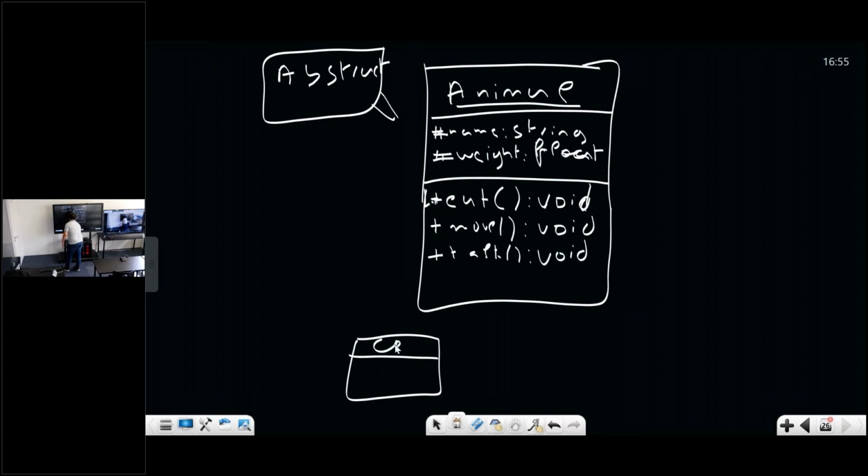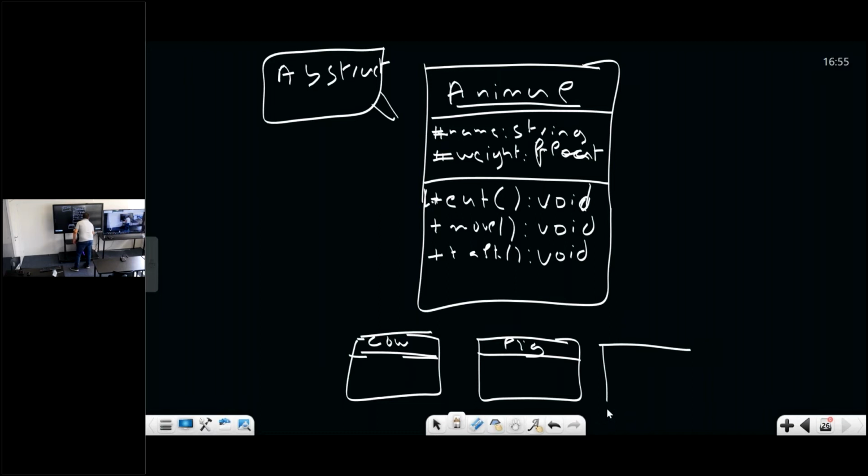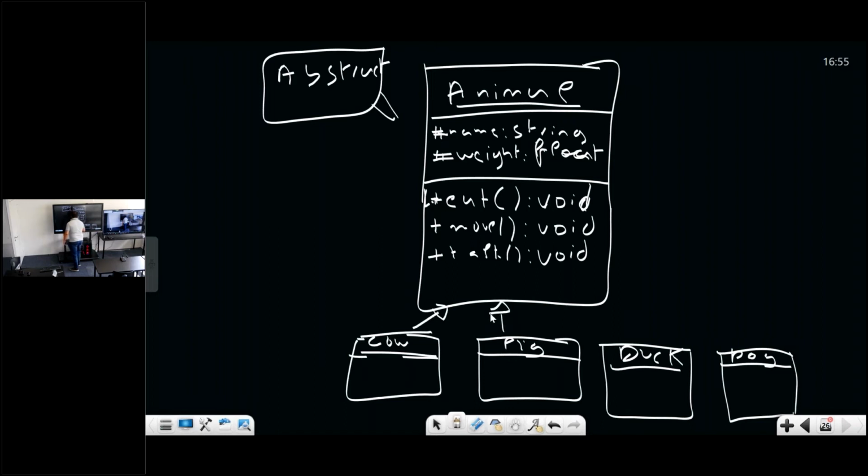So cow, pig, duck, dog. And I will make them all inherit from the animal class.